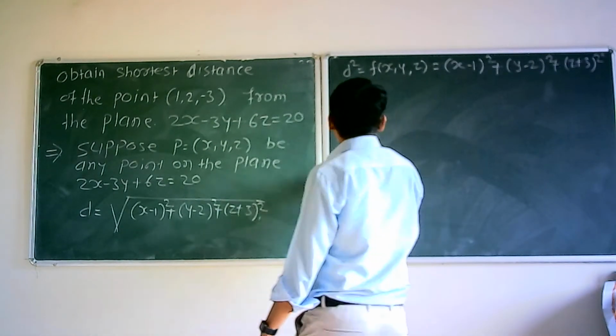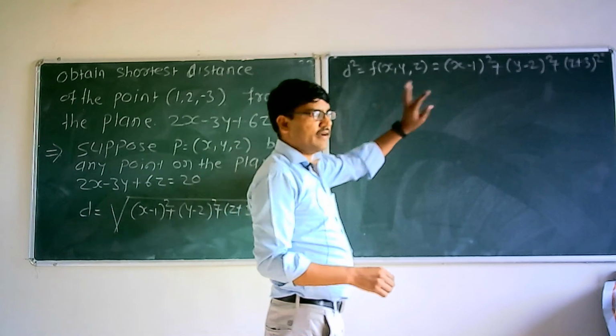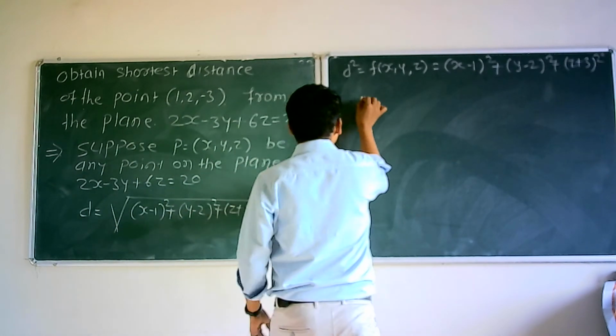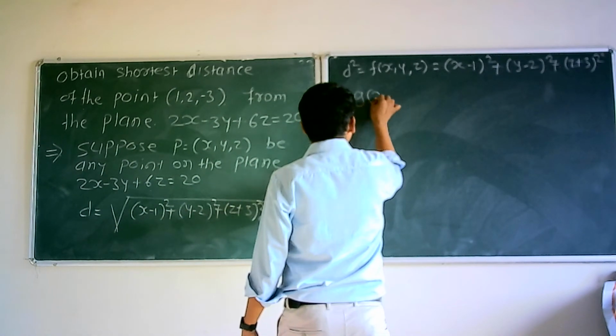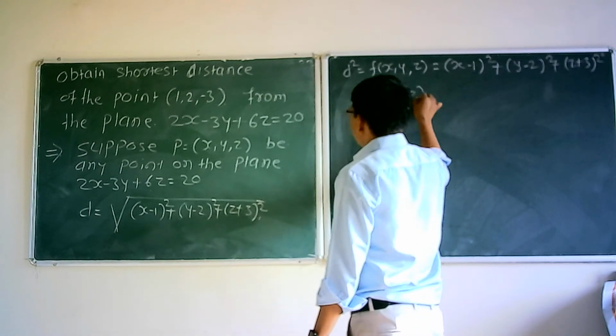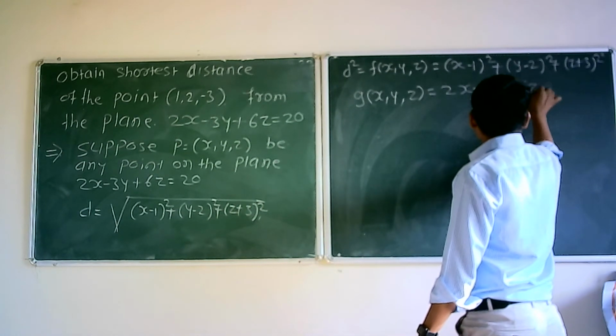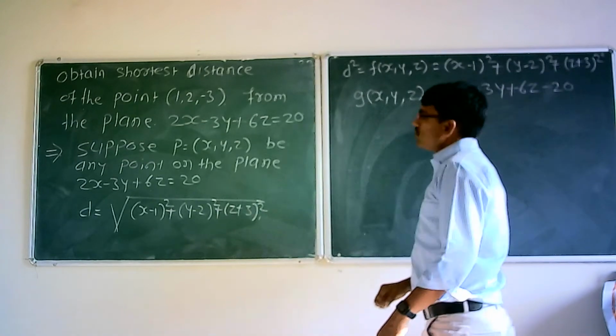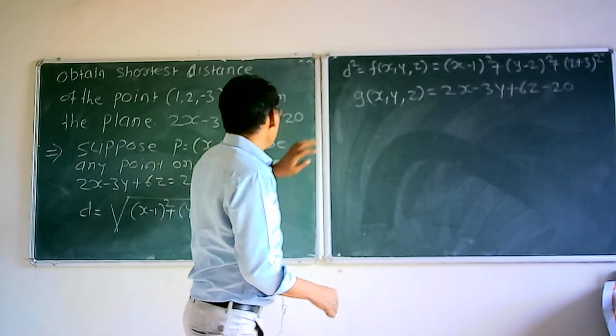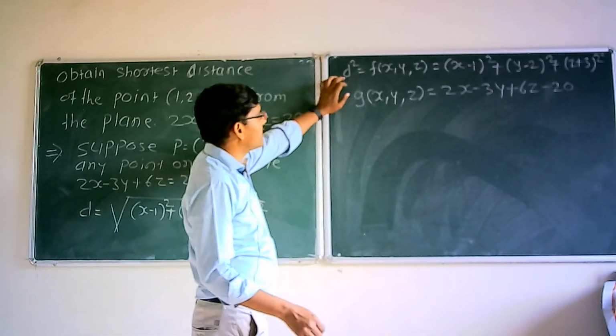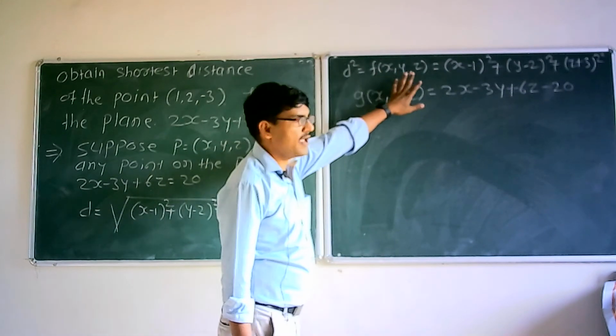subject to the condition, that is this x, y, z must also satisfy the condition g of x, y, z is equal to twice x minus 3y plus 6z minus 20. So instead of writing square root, I am saying here d square, which is our f of x, y, z.